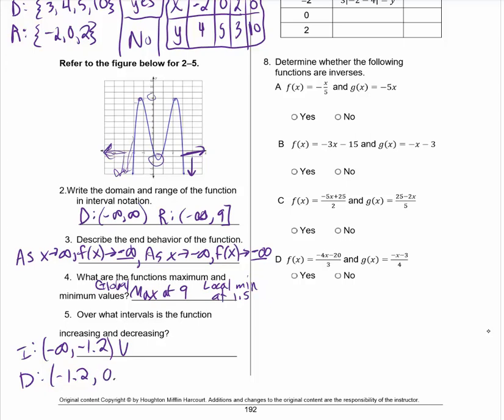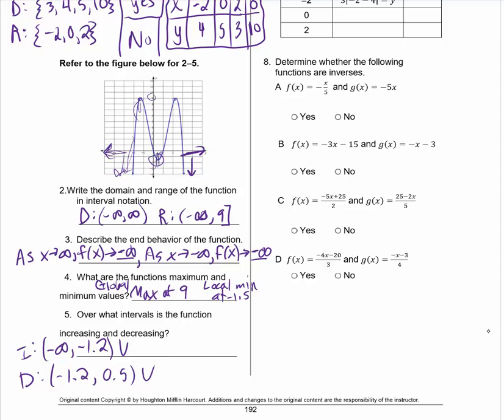Ideally, I would have made it really nice points, but it's hard to make everything in the problem a really nice point. So I knew something was going to have to get approximated, and I chose that this minimum should have been negative 1.5, not positive 1.5. I just realized, in case you were confused. Okay, we are decreasing from here to here, and so we have to use these x values, and we're approximating it.